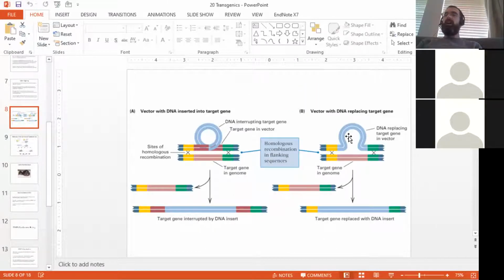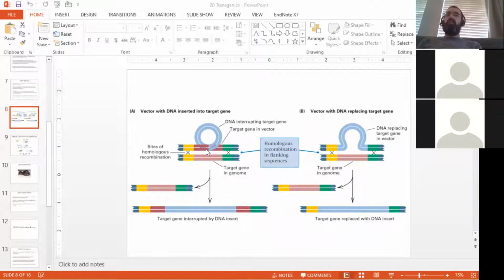You also have a vector with DNA that matches your gene of interest, right? Particularly either side of it. And now what you can do is you have control over the bit of DNA in the middle. So you can do a lot of different things here.